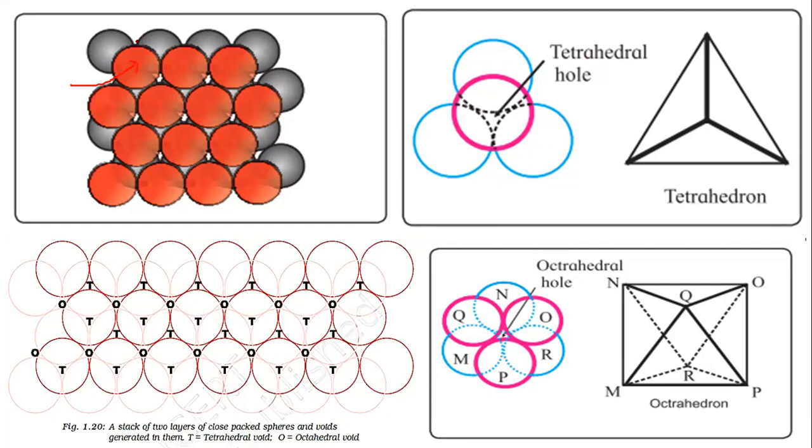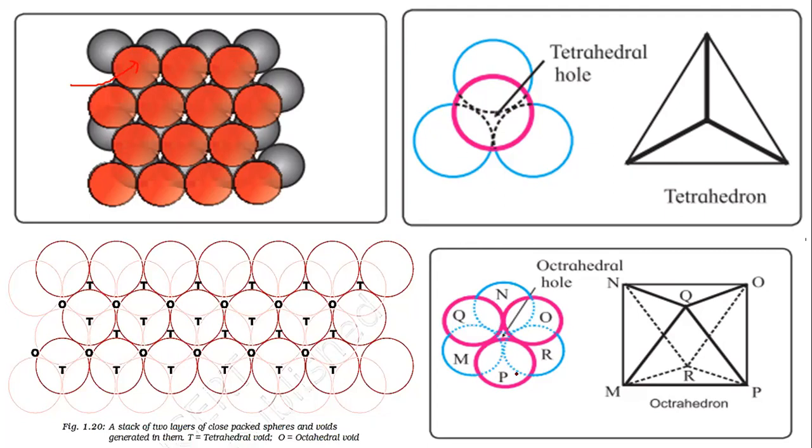This is the first layer, this is the second layer, and again there will be a third layer, fourth layer, so we get the three-dimensional close packing structure. So when three spheres are behind and only one sphere is above, this is the tetrahedral hole. We can see tetrahedral holes here.